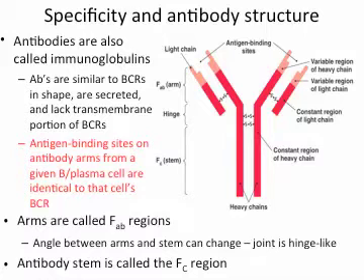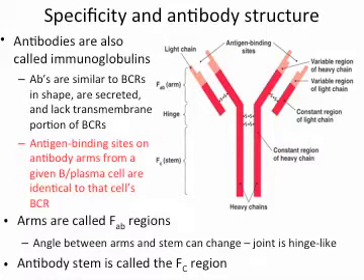The arms of the Y are called the arms, and the stem part of the Y is called the stem. You can see that the arms of the Y could potentially move, so that's where that movement could take place.